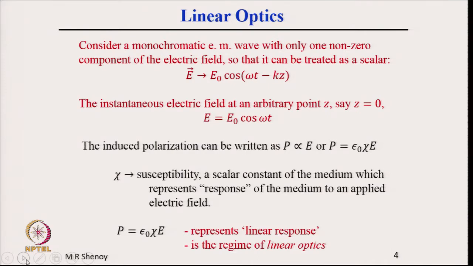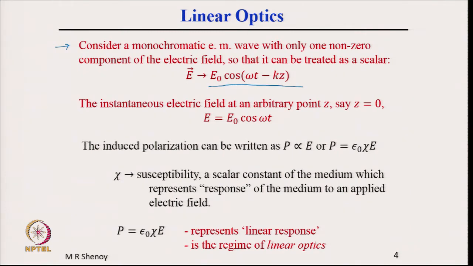Consider a monochromatic wave. To make the discussion very simple, consider a monochromatic electromagnetic wave with only one non-zero component of the electric field, so that it can be treated as a scalar. We know that actually electric field is a vector quantity, but considering one component, we can treat it as a scalar for simplicity, and we can write the plane wave as E 0 cos(omega t minus k z).